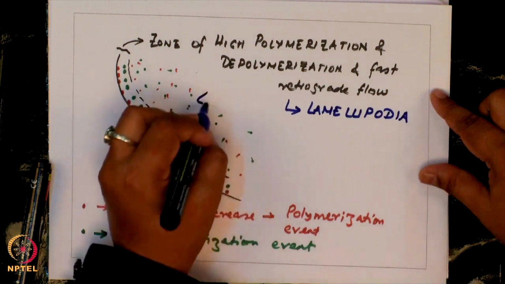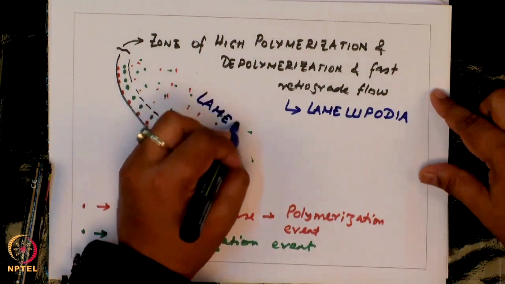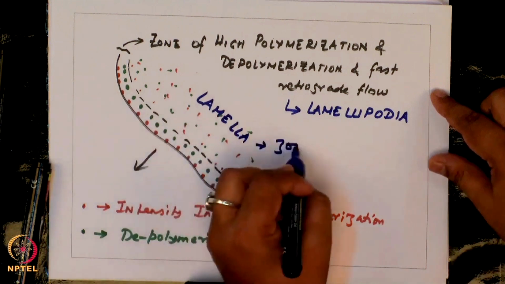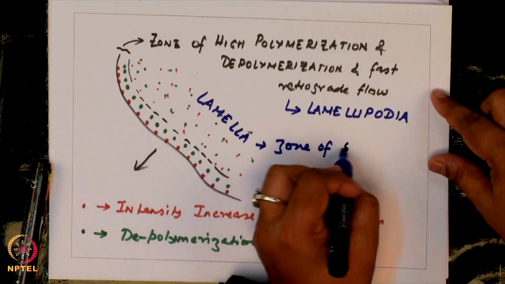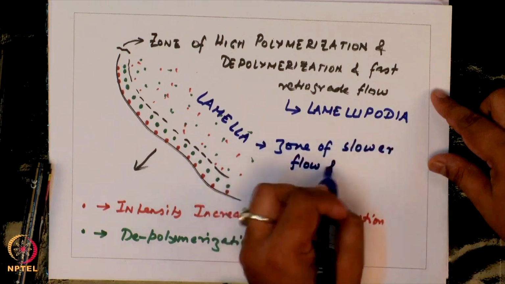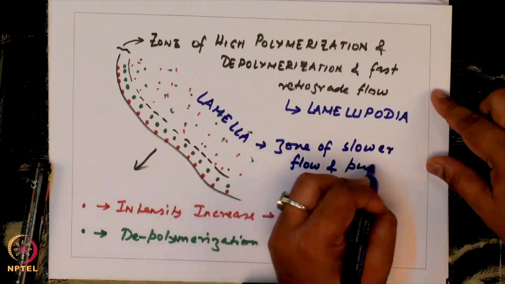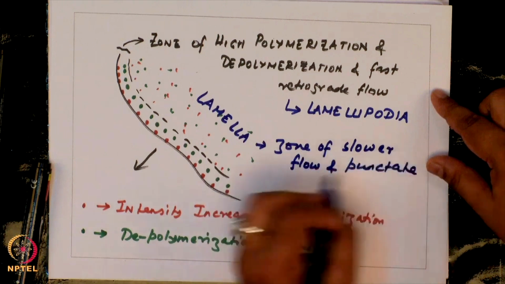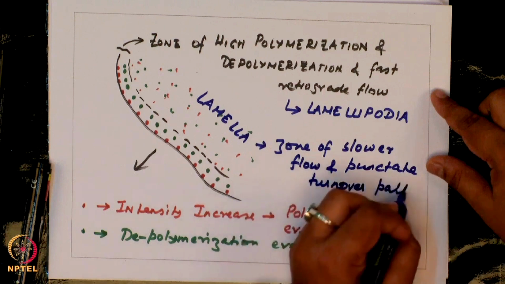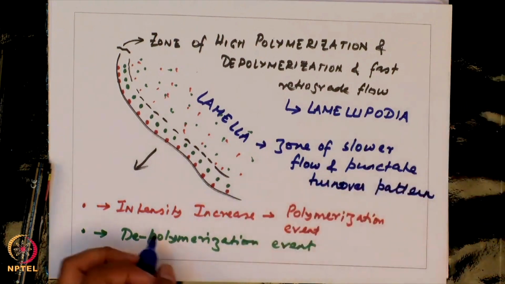And this internal zone is called the lamella. So, what is the lamella? It is a zone of slower flow and punctate or mixed turnover pattern.